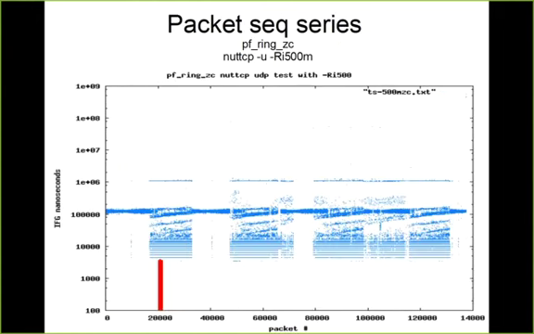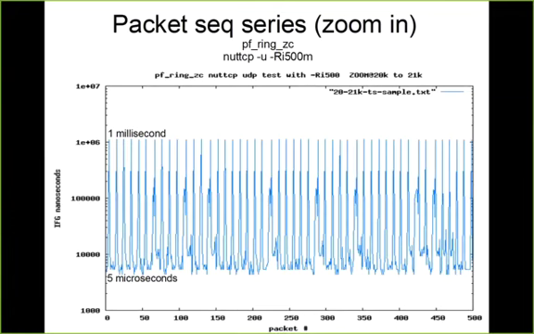So just to look at what I call the resource contention intervals in the PF_RING ZC graph, we'll zoom in on what the red thing is poorly trying to represent, an arrow. And this is what you see.